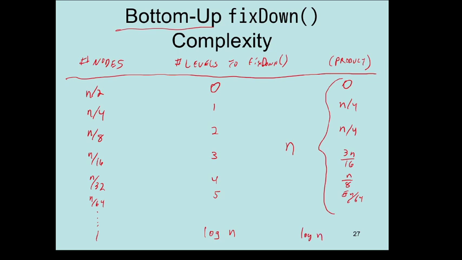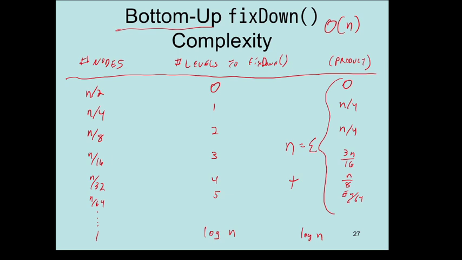Plus log n. So the sum of that thing is equal to n. So my total work is n for everything but the root. The root takes log n. N plus log n is O of n, is how long this takes. So that's our hand-wavy proof why the bottom-up fix down is O of n.